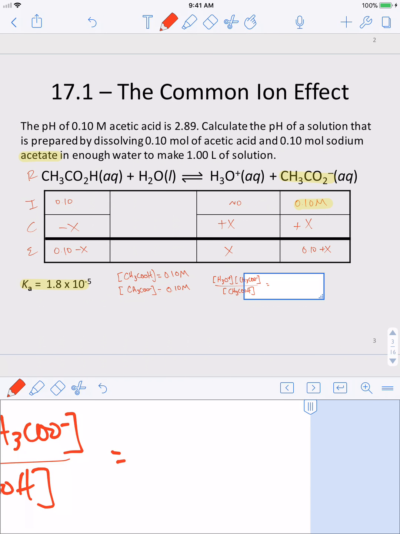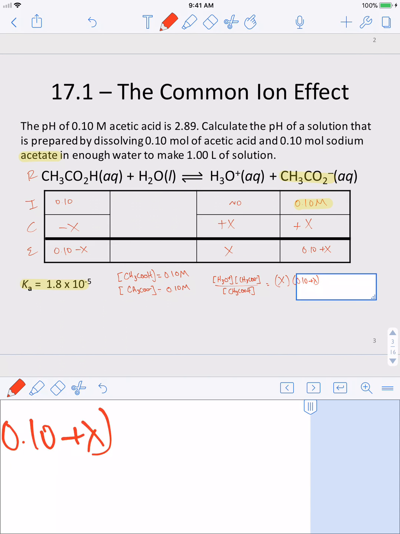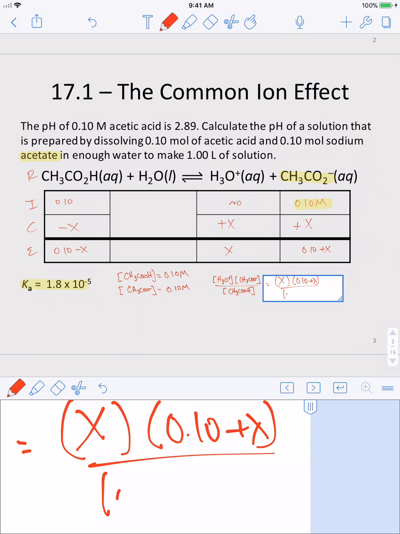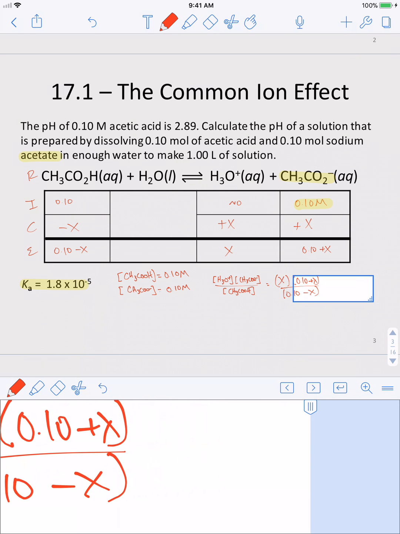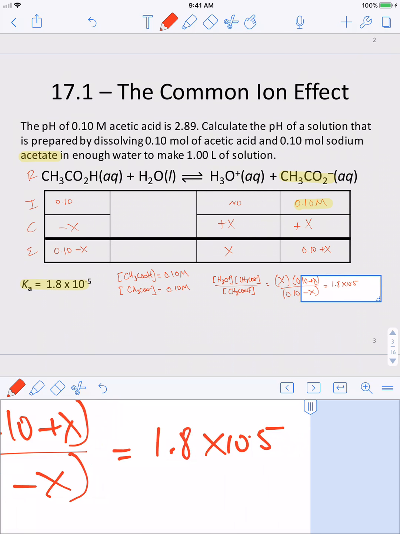So we have here concentration of H3O plus is x. The concentration of acetate is now what we had initially plus x, the additional amount, and we divide it by 0.10 minus x. All of this equals 1.8 times 10 to the minus 5.